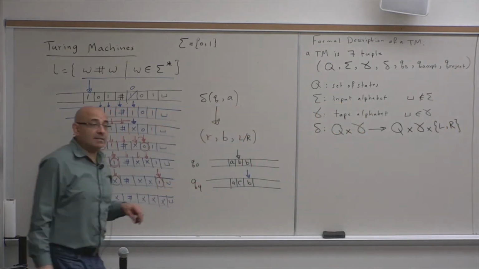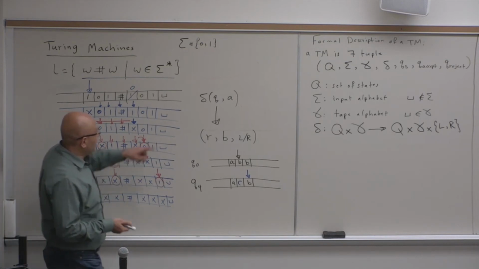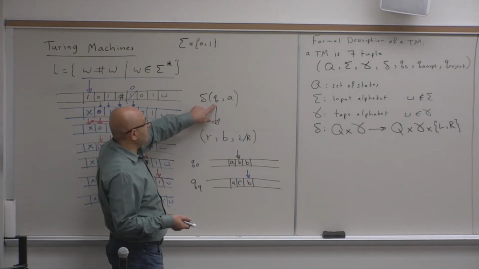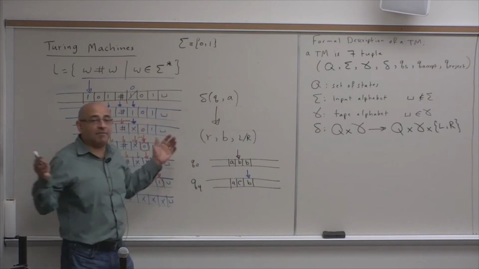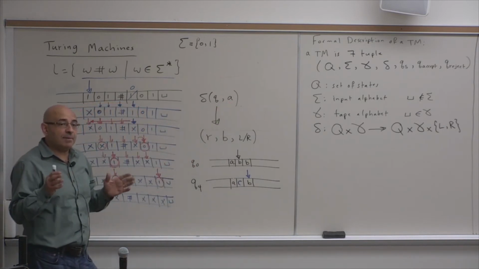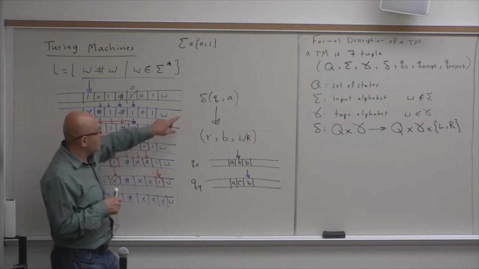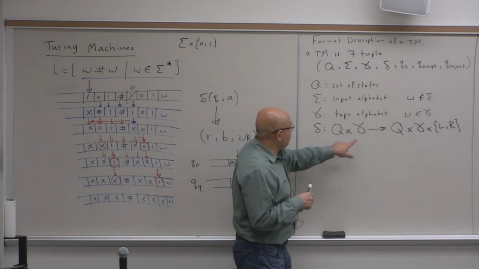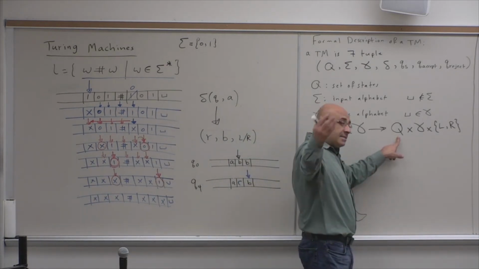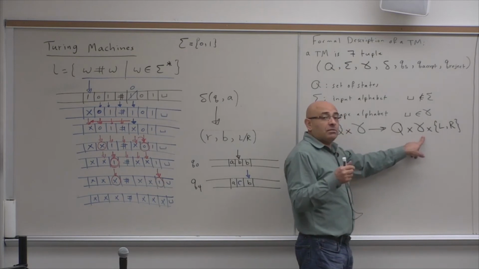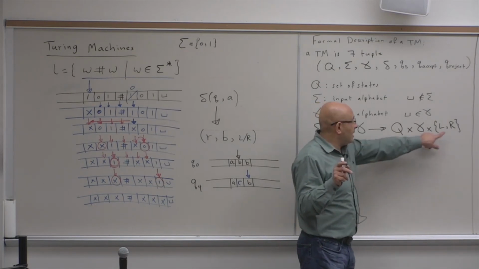So it takes a state and a symbol from the tape alphabet, which is the bigger alphabet. The tape alphabet is a superset of the input alphabet. It gives you the next state, what the input symbol should be replaced with, and go left or right.